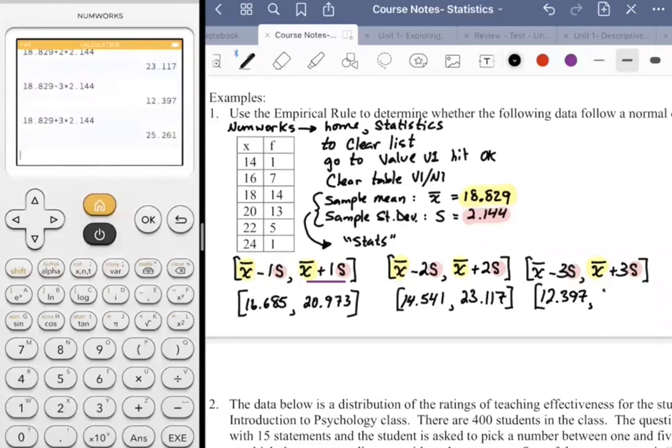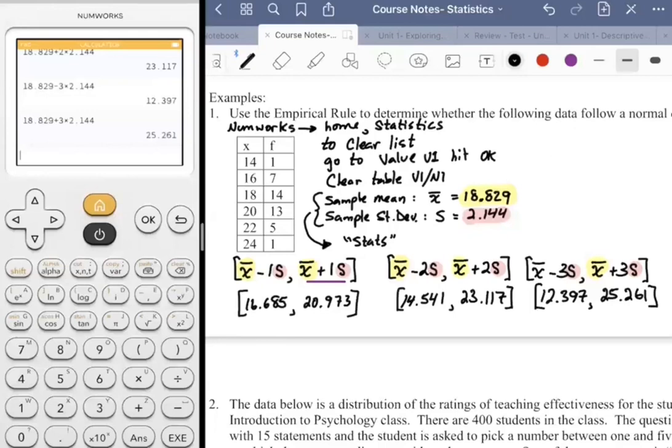All right, so these are the 3 regions of interest. The first one gives us 1 standard deviation away from the mean, the second gives us 2 standard deviations away from the mean, and the third gives us 3 standard deviations away from the mean.